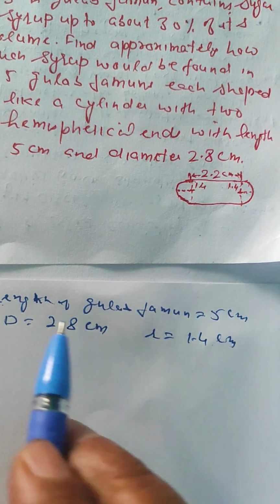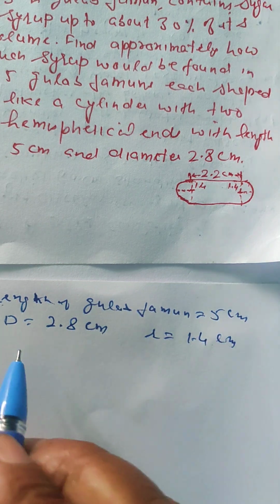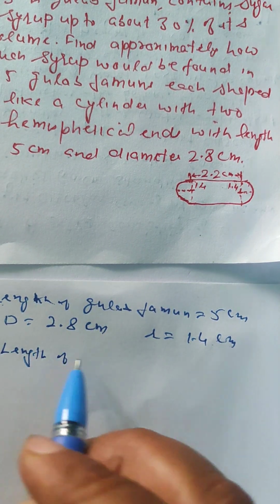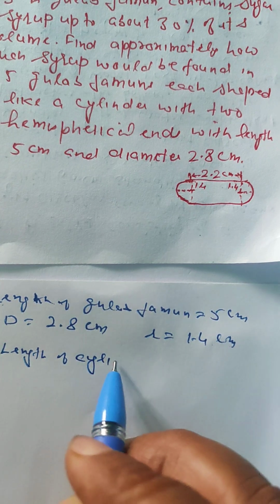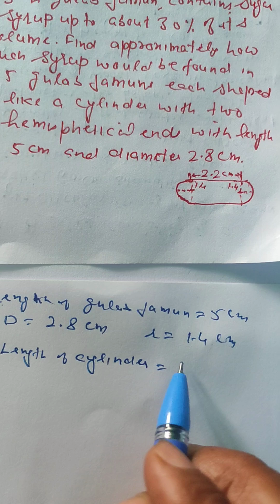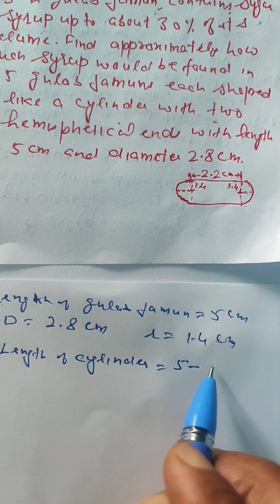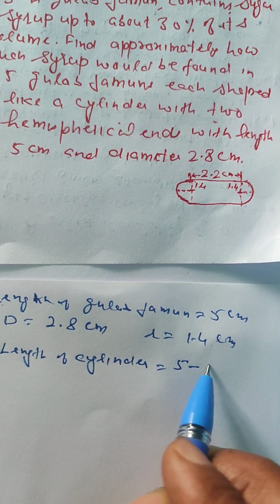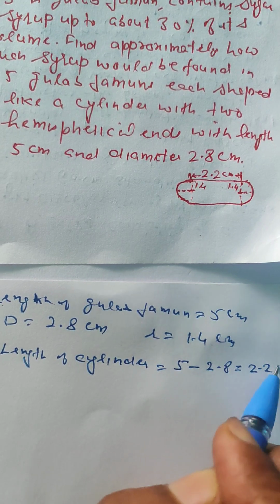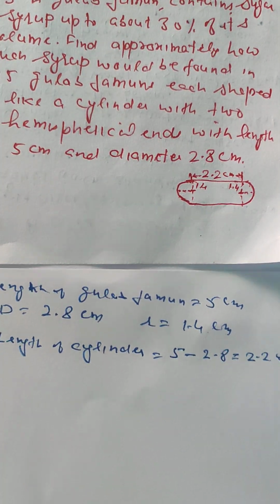The length of the cylinder is equal to 5 minus 2.8, which is 2.2 centimeter.